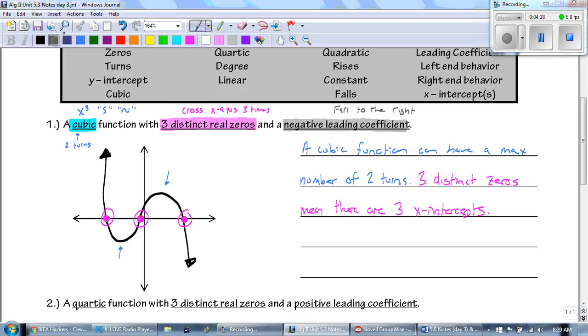And then the last thing we talked about is the negative leading coefficient.